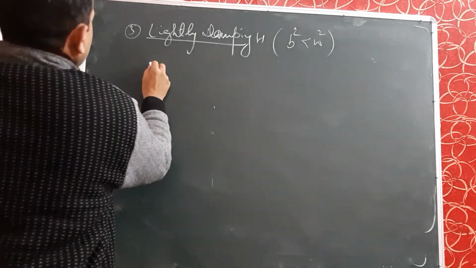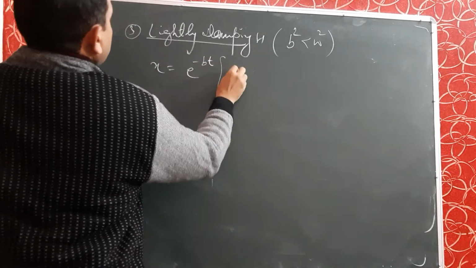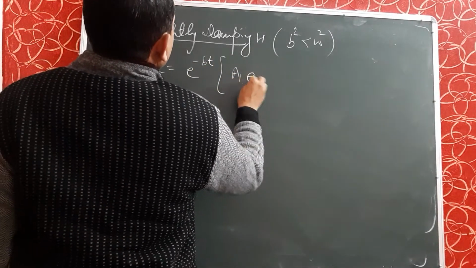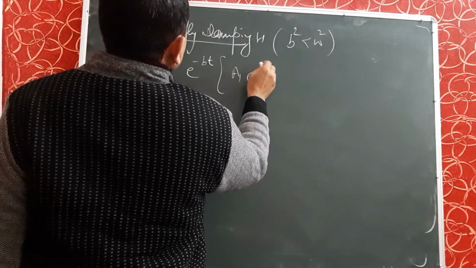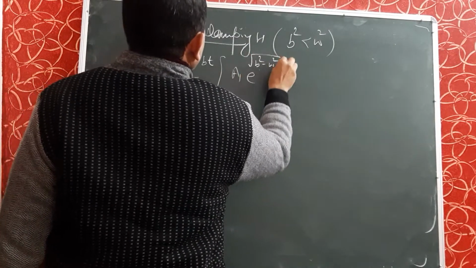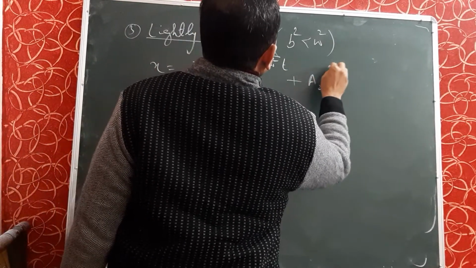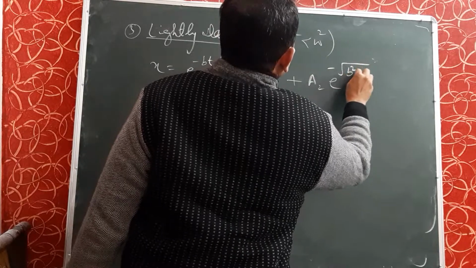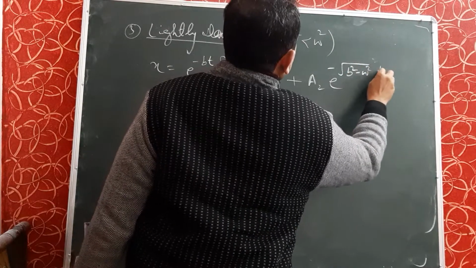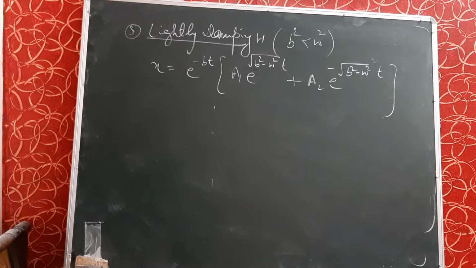As you know, x is equal to e raised to power minus bt into a1 e power square root of b square minus omega square into t, plus a2 e power minus square root of b square minus omega square into t. So, this is our main solution.